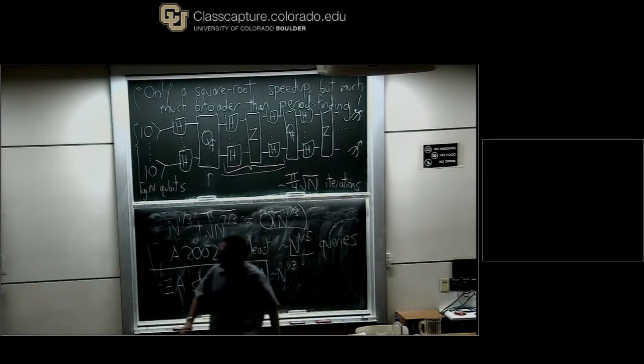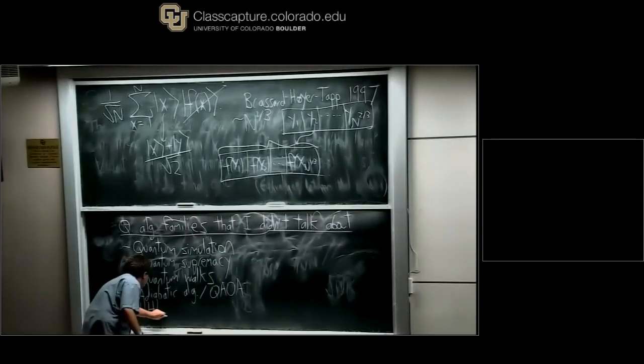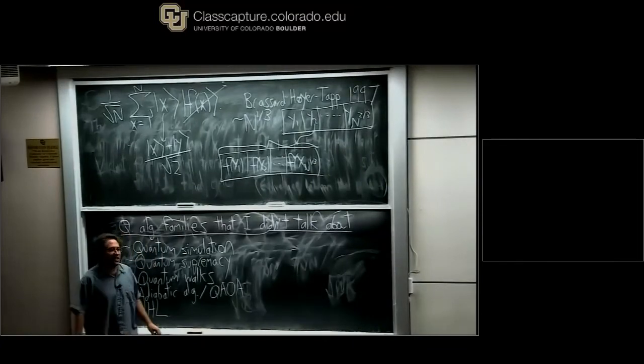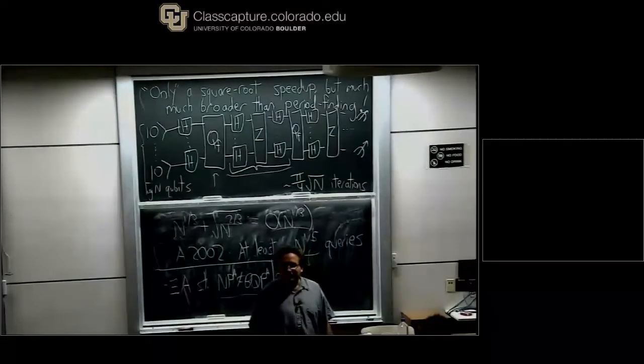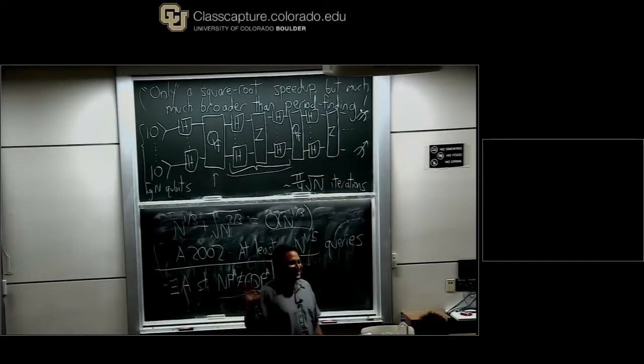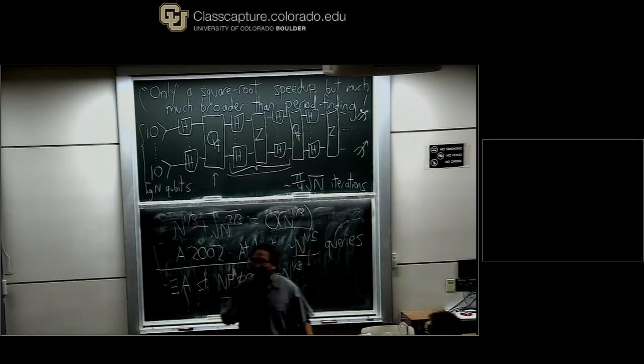Yeah, and then there is this HHL algorithm, after Harrow, Hassidim, and Lloyd, which they discovered a decade ago, which is billed as solving systems of linear equations exponentially faster than you could do it classically, although there are a bunch of caveats to that statement that are extremely important and that we'll say something about.